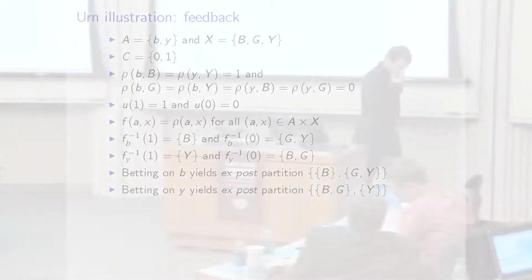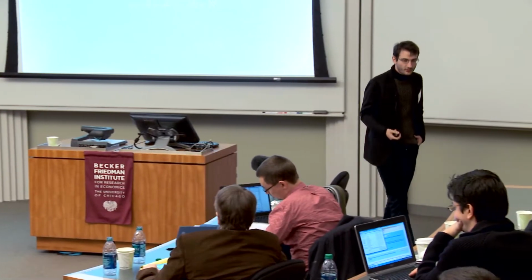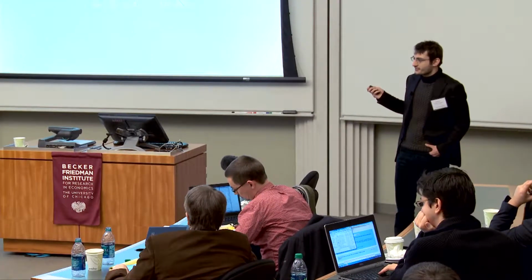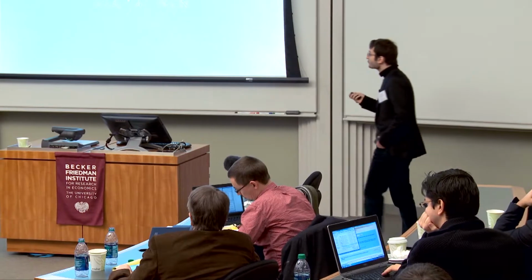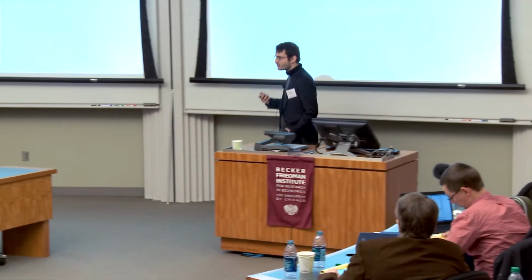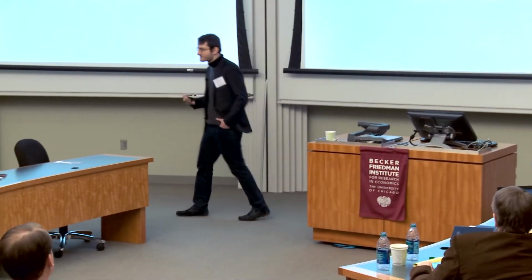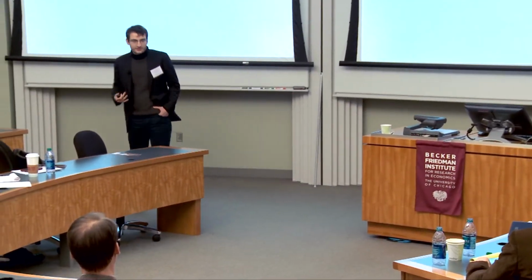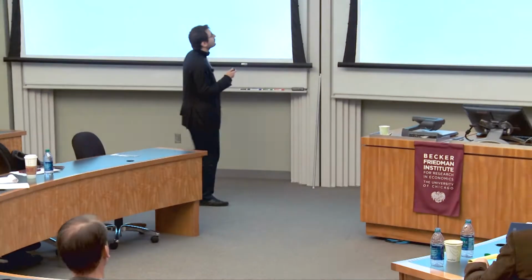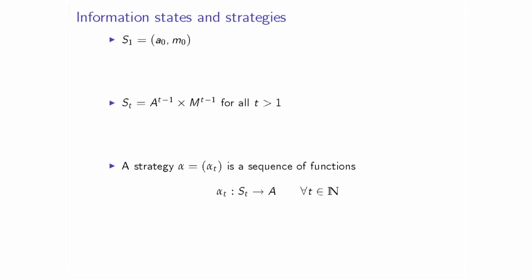So an element that is important to introduce is the information states, because those are exactly capturing the information the decision maker has at time t, and are capturing the information that is going to inform the choice of his action. So at time 1, we are just saying that the decision maker has no data. He has no information, so 1 point.